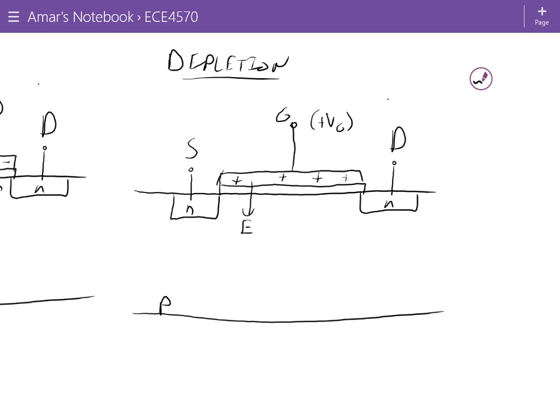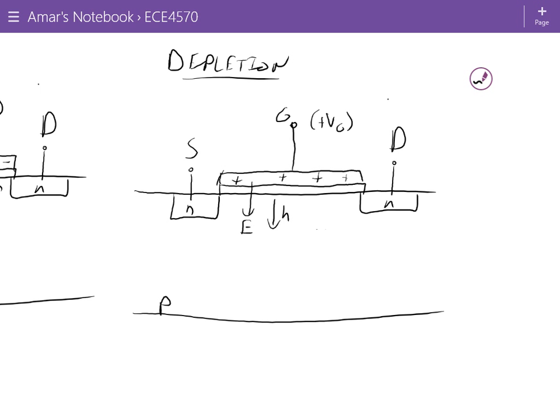Now, in the depletion mode, what we are doing is we are depleting this region. The majority holes are being pushed away from the channel region underneath the gate. But the electric field is not strong enough to pull in the negatively charged electrons yet. It's just strong enough to push away the holes.